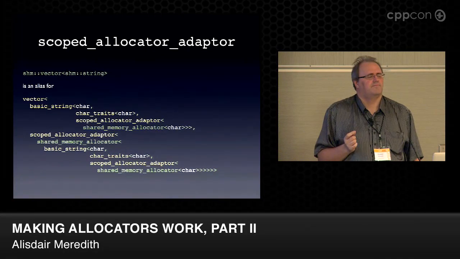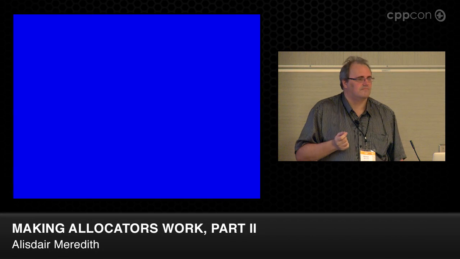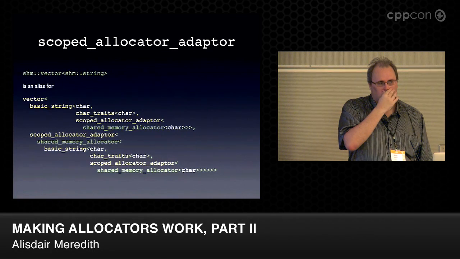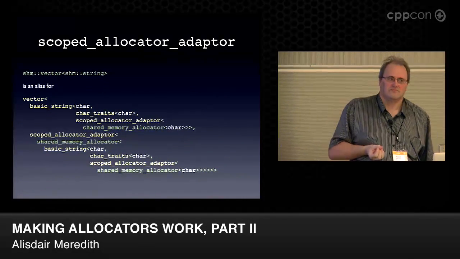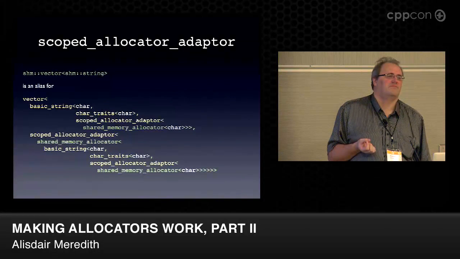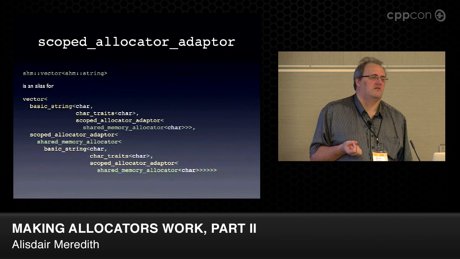I wanted to follow up on my question. So I create one of these in my process, and then I magically transfer some sort of pointer to the other process. Is there a way my allocator can essentially placement construct containers so that I have matching containers in both processes?